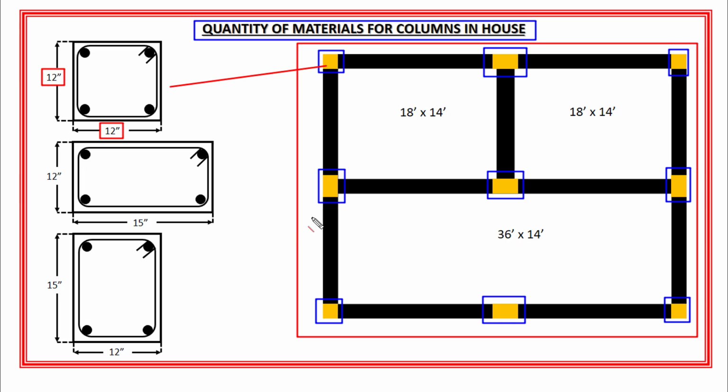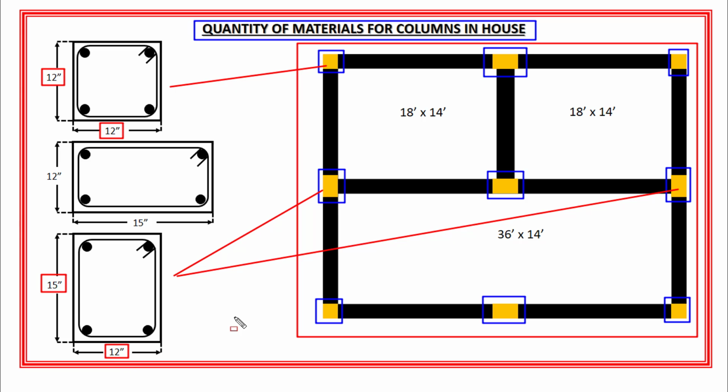Now for the rectangular columns, the size of these two rectangular columns is 15 inches by 12 inches, right? Which means that 15 inch is the length of the rectangular column and 12 inch is the width of the rectangular column, right? And the size of these three rectangular columns is 12 inches by 15 inches, right?